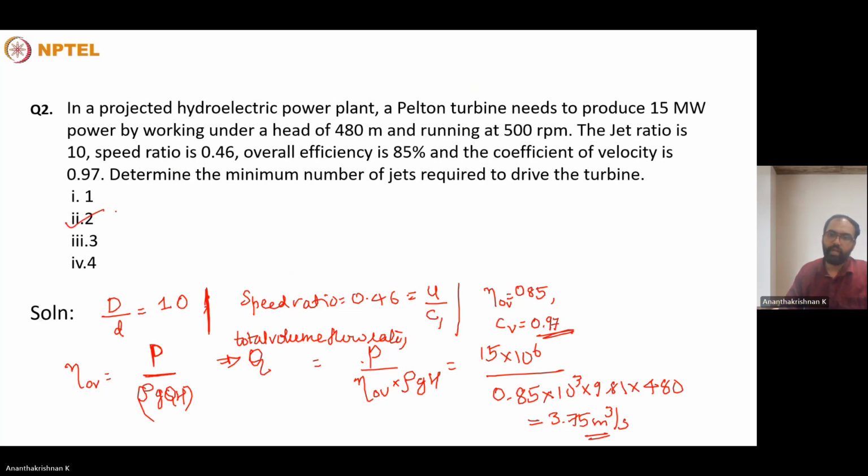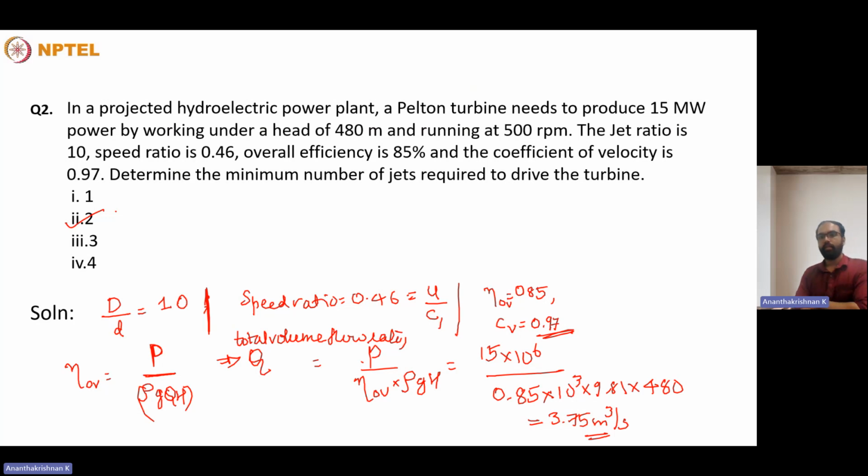We determine the actual volume flow rate from the overall efficiency and the power which is given, and the head value also. And for each individual jet, we need to calculate the volume flow rate. For that, we need the diameter. We can get the diameter from the jet ratio, and we also need to calculate the velocity of the jet. Velocity of the jet we can calculate from the free flowing velocity term multiplied by the coefficient of velocity.